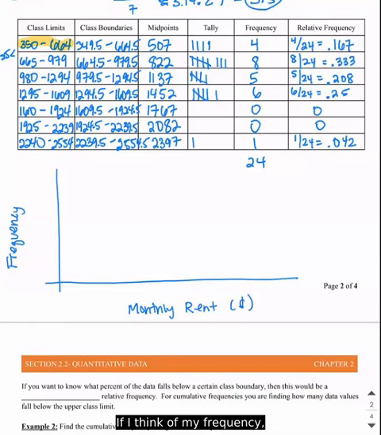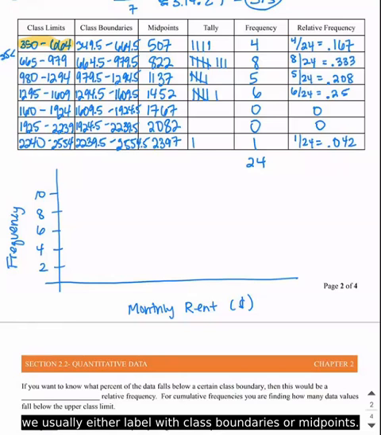So if I think of my frequency, the highest frequency was 8. So maybe I'll go by 2s here. So I have 2, 4, 6, 8, and 10.